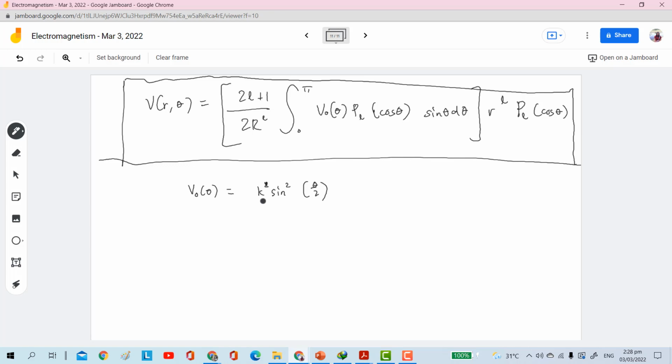This is the potential inside a hollow sphere with potential V equal to V naught at the surface.